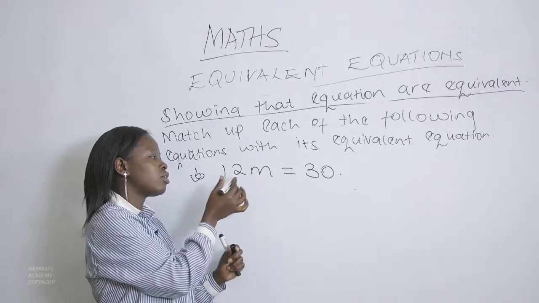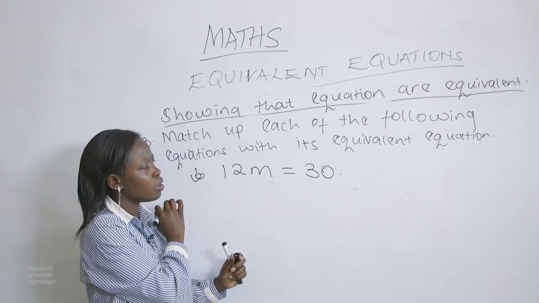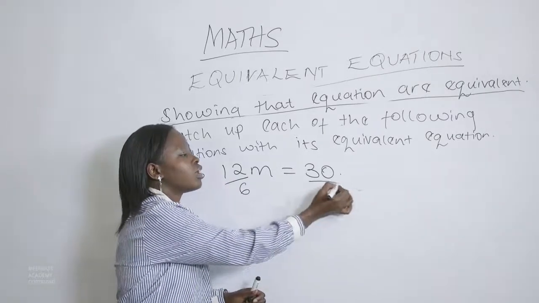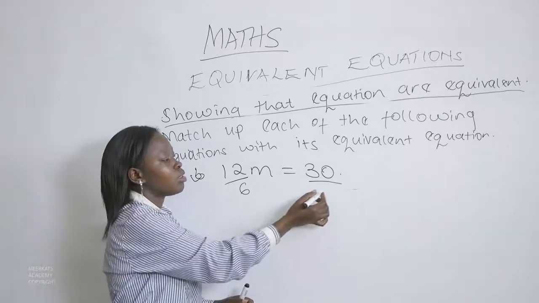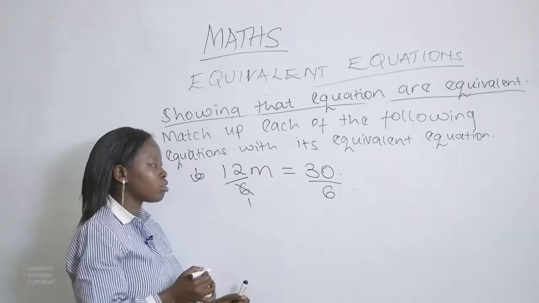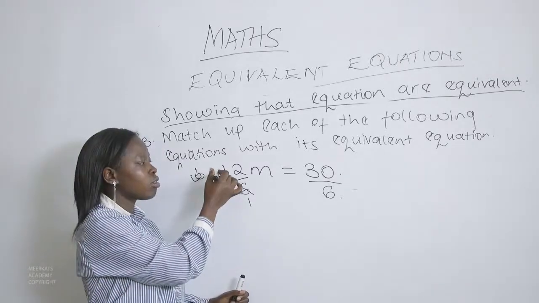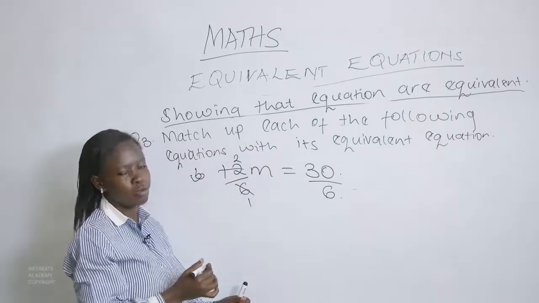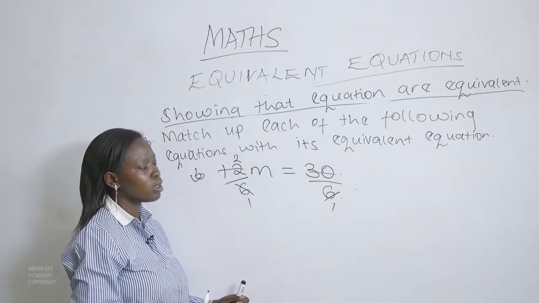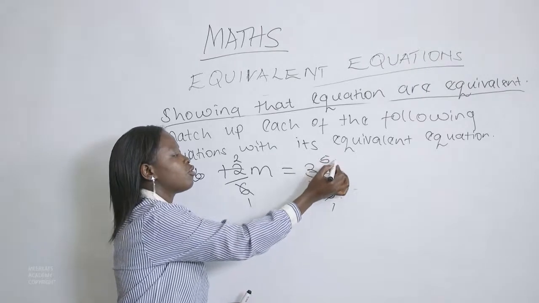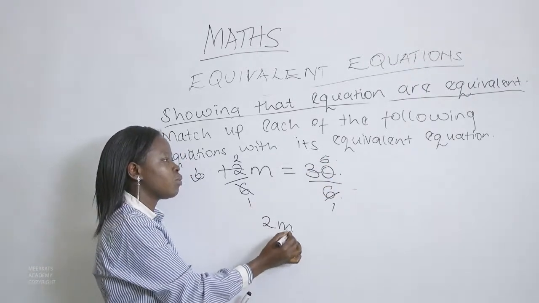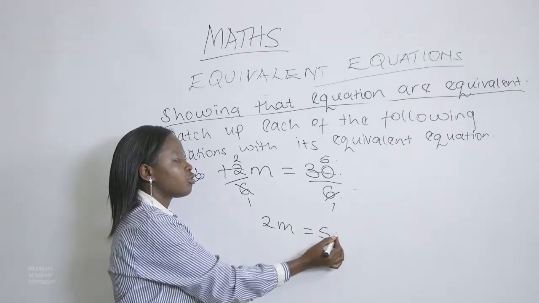If I divide the left-hand side by 6 and the right-hand side by 6, 12 divided by 6 is 2 and 30 divided by 6 is 5. So the equation that we come up with is 2m is equal to 5.